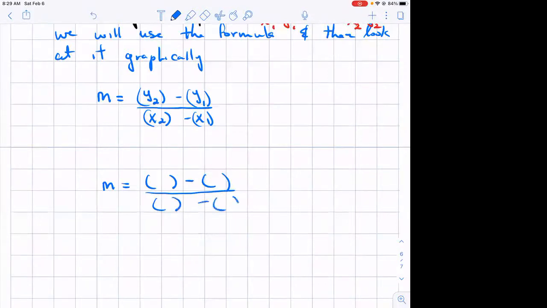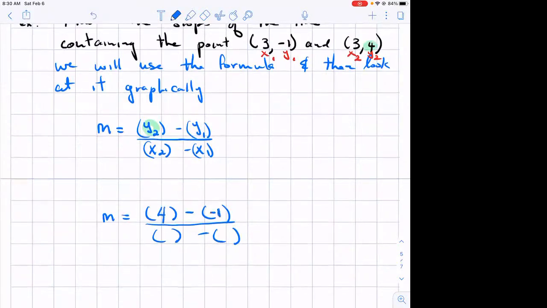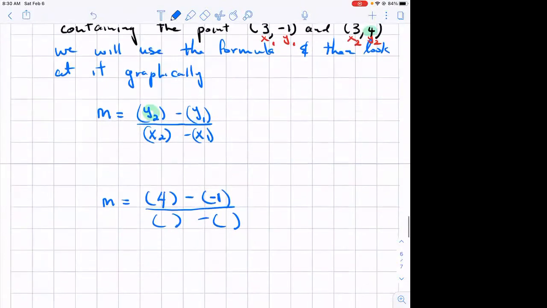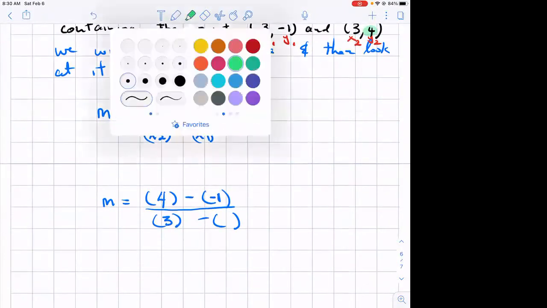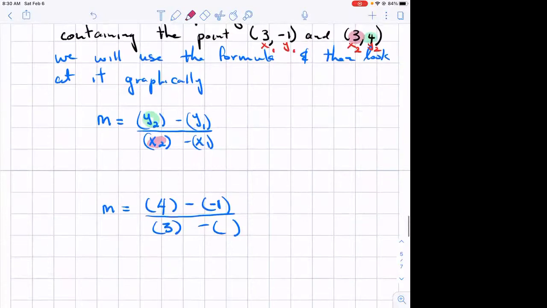For example, y2 would be 4, my y1 is negative 1, my x2 is 3, and my x1 is also 3.